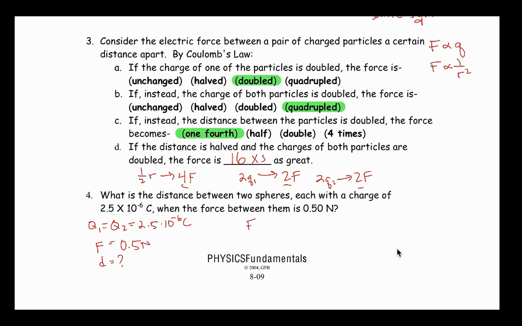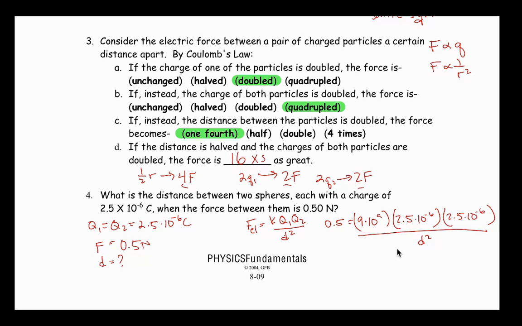So F equals K Q1 Q2 over D squared. 0.5 equals 9 times 10 to the ninth times Q, 2.5 times 10 to the negative 6, times Q again, 2.5 times 10 to the negative 6, divided by D squared. And in this case, we want to solve for D squared, or solve for D.